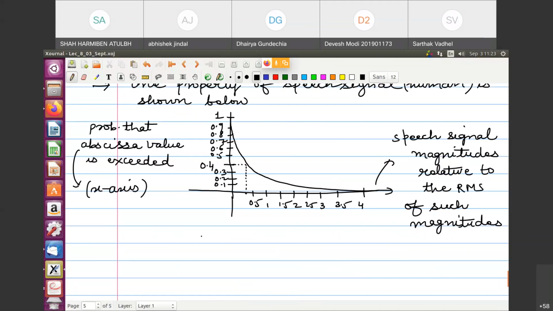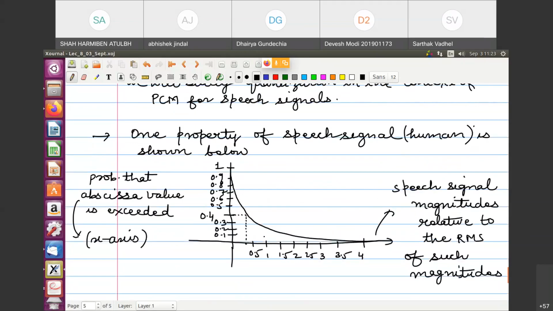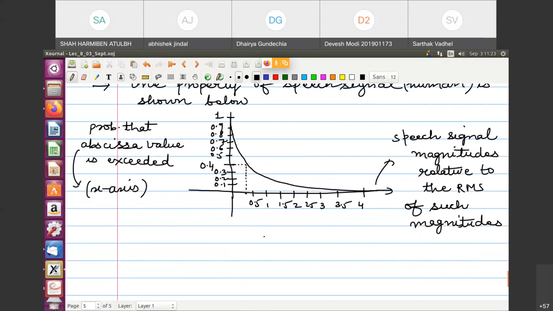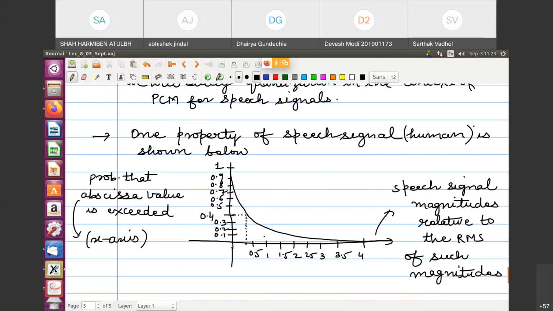It means that there is a very low probability that the speech signal magnitudes relative to the RMS value are greater than 4. So what does this graph tell us? We will write it down more properly in the next class most probably, but today let us just see it. The y-axis is the probability that the abscissa value is exceeded.